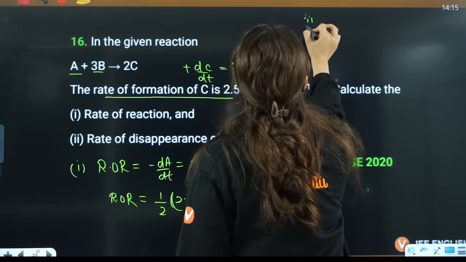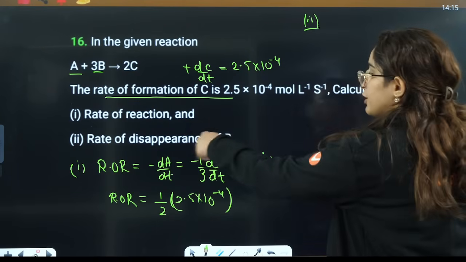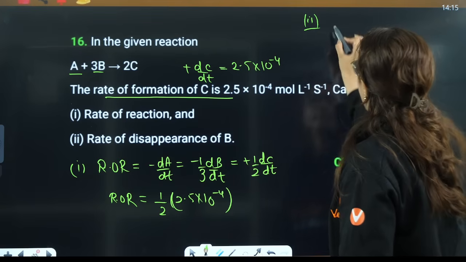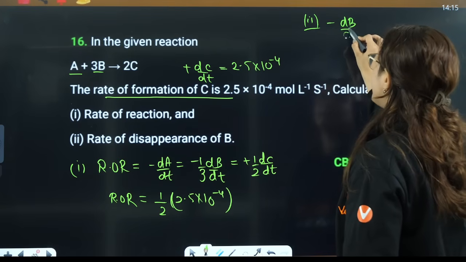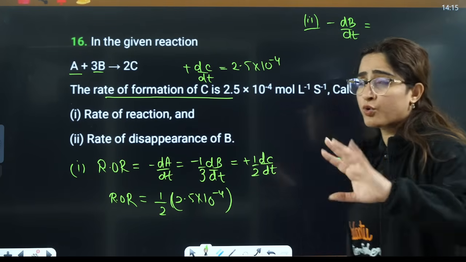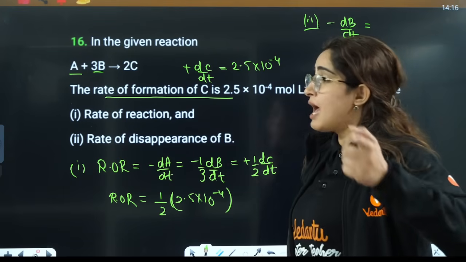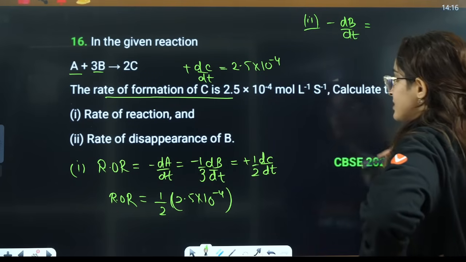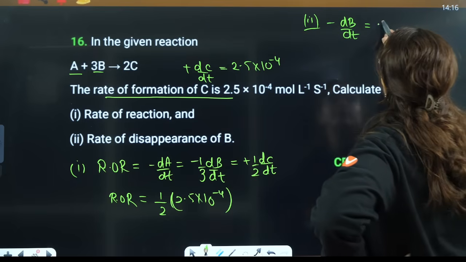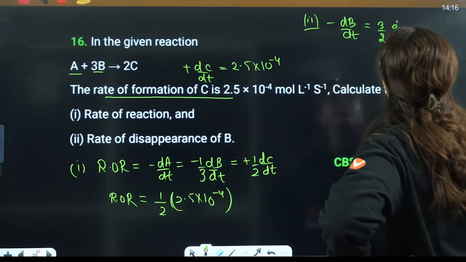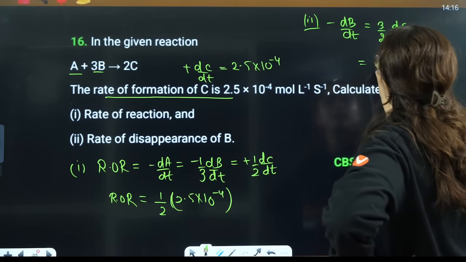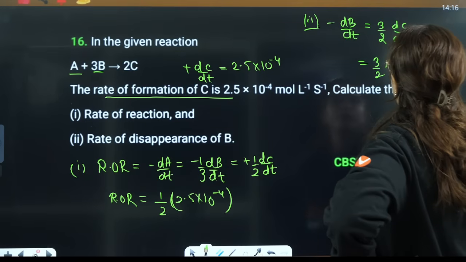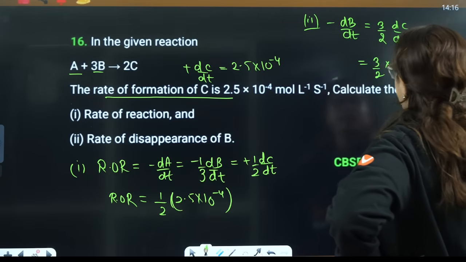B part is, they are asking you to calculate rate of disappearance, that is minus. Now in rate of appearance and disappearance, you don't divide it by stoichiometry. I have already told you in the formula sheet revision. So minus dB by dt is nothing but 3 by 2 dC by dt. So it will be 3 by 2 multiplied by 2.5 into 10 raised to power minus 4.